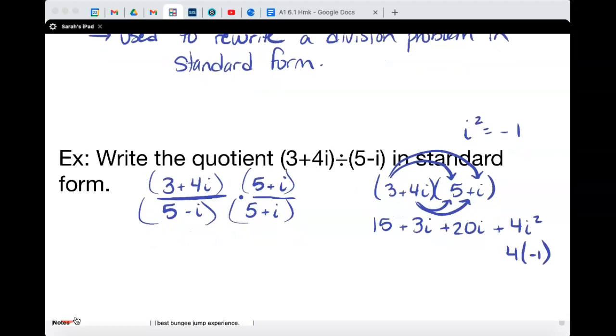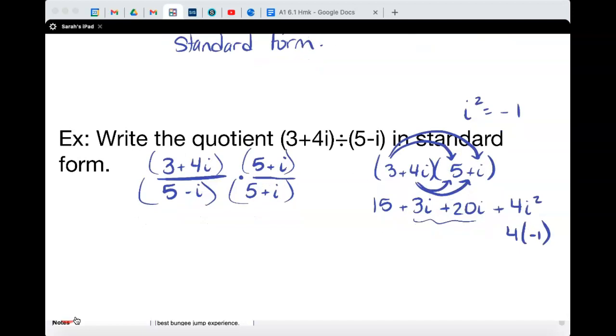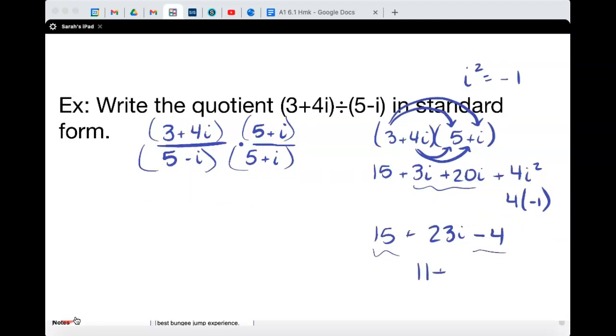I can combine like terms. This 3i and 20i is 23i. So I still have 15 coming down. This 4 times -1 is -4. I can now combine the 15 and -4 because those are like terms. Okay. So did all that work, found my numerator, 11 plus 23i.